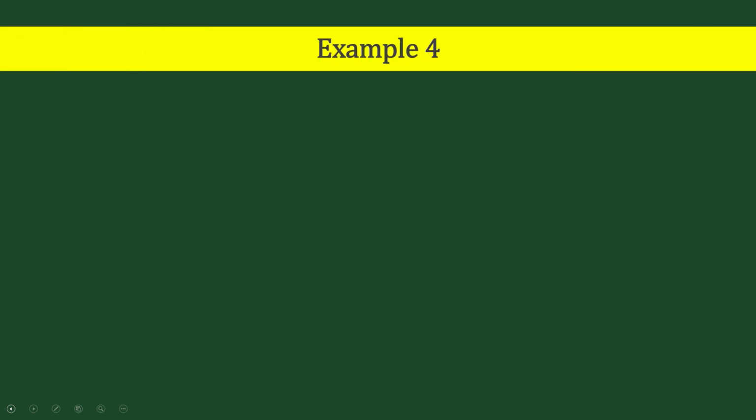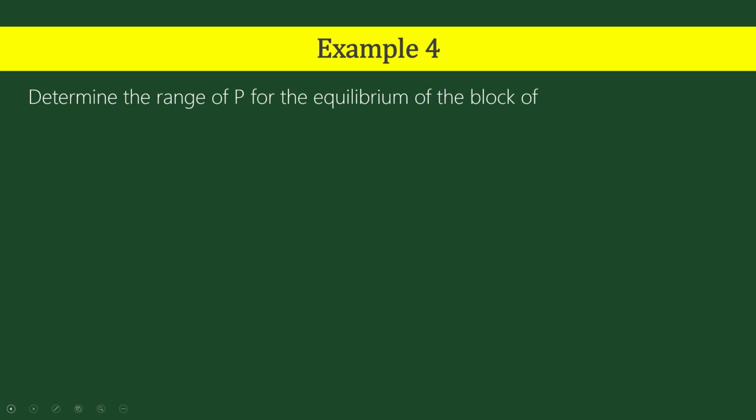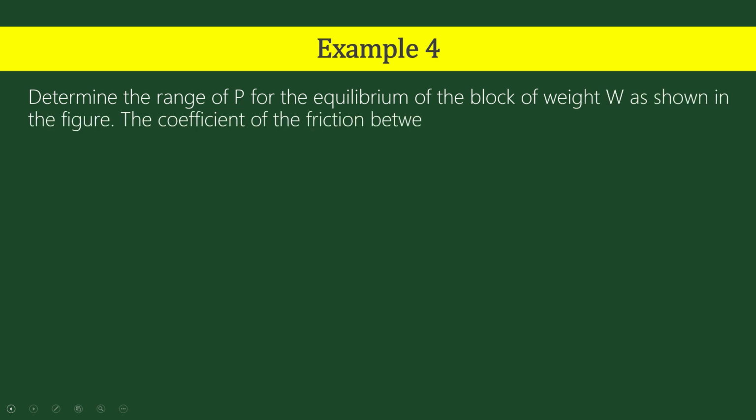Let us take now example number 4. Determine the range of P for the equilibrium of the block of weight W as shown in figure. The coefficient of friction between the rope and pulley is 0.2.